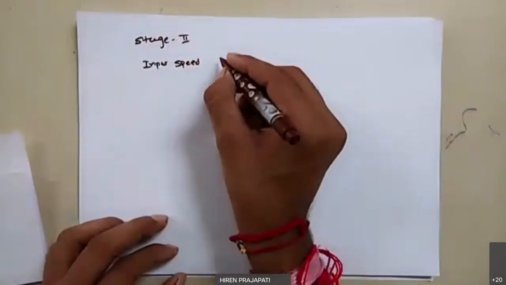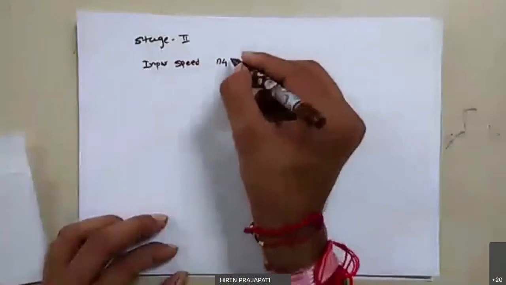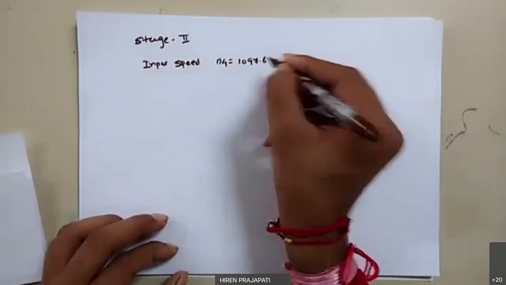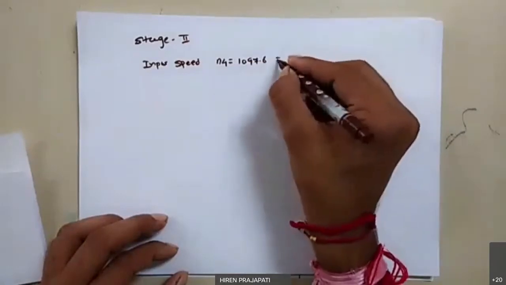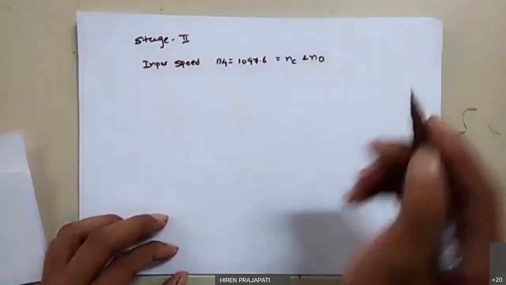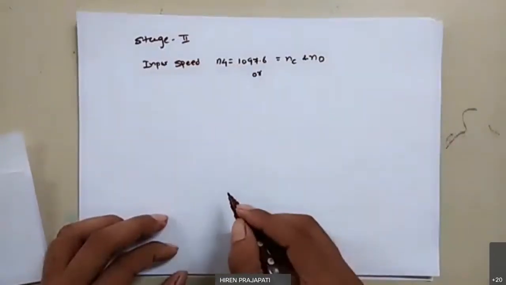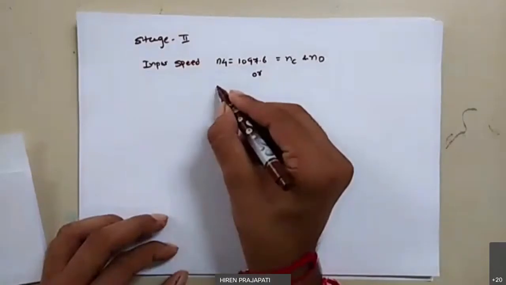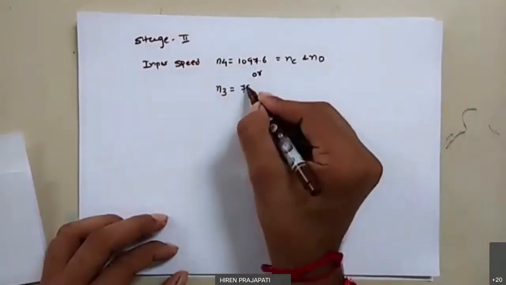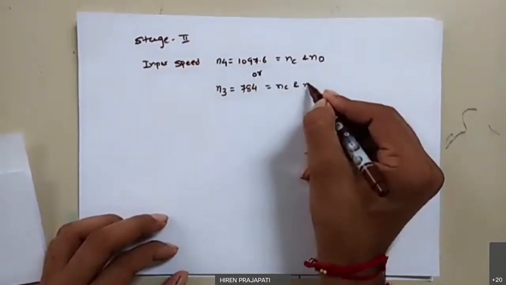First, if we write N4 as the input speed, which is 1097.6, then this will be the speed of gears C and D, right? Or if we go for the A to A dash combination, then the input speed will be N3, which is 784 RPM, so this will be the speed of NC and ND, right?